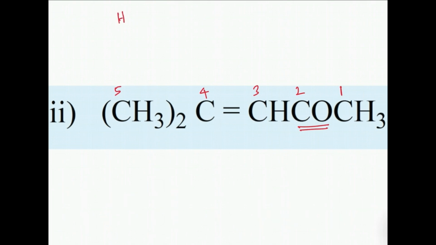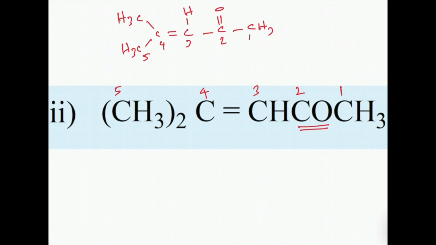Let's rewrite the structure in this way. So 1, 2, 3, 4, 5. So at 2 position we have the ketone, and 3 position we have the double bond alkene, and then at 4 position we have the methyl group.